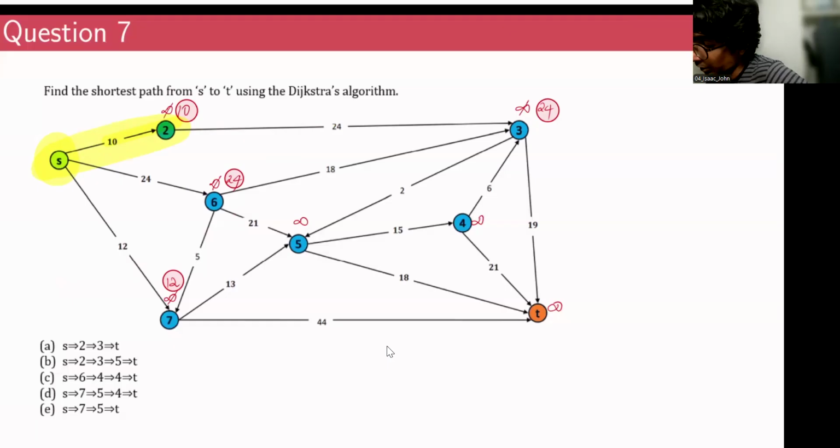And now what next? Now what are the nodes yet to be explored? We have 24 here as well. We have 12 here, and everywhere else it is infinity. So the next least cost is actually node 7, which has a cost of 12.